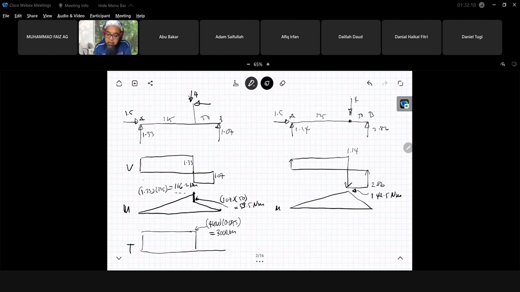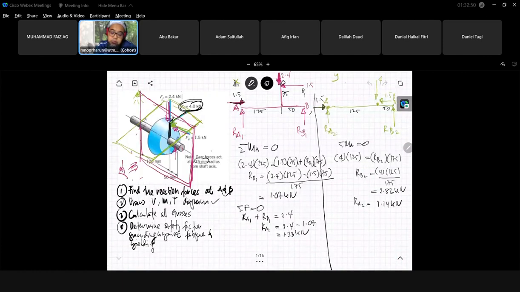So now you have identified that the critical point for the shaft is located at the gears. So you see that here, this radial force causes the bending.